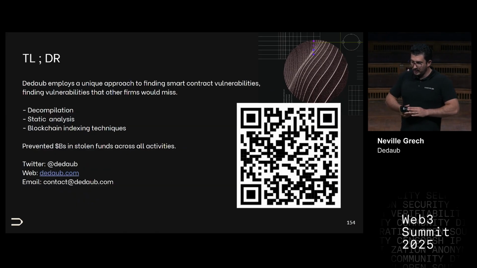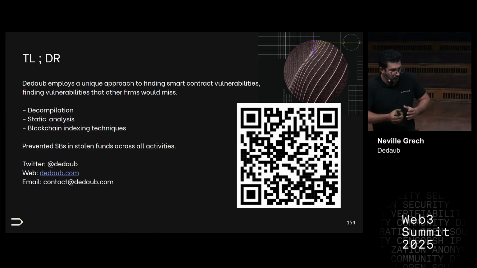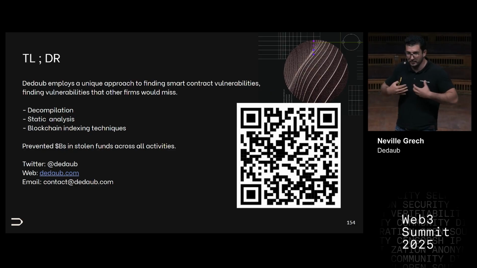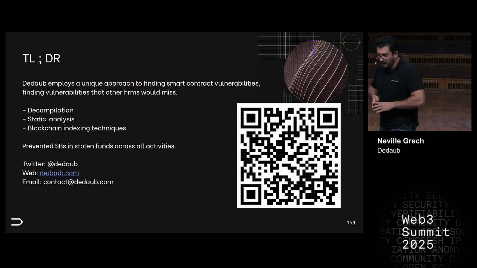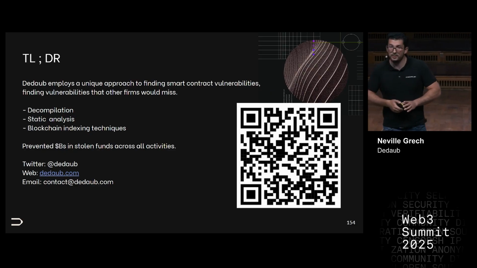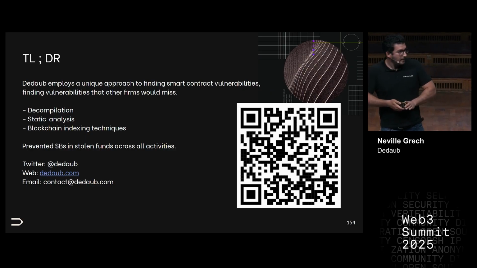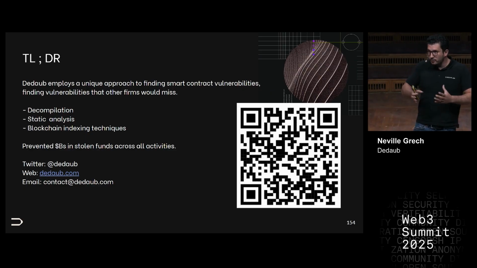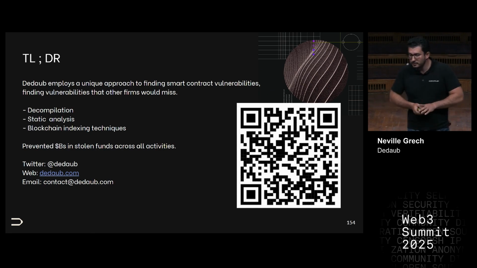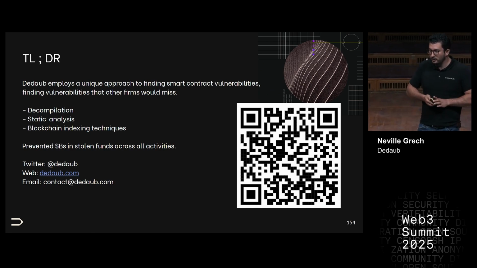Okay, so in conclusion, Dedaub, as our team, we find vulnerabilities using very unique approaches, using static program analysis. And because of that, we can find some vulnerabilities that other firms might not find, because we look at code from a very different angle, so to speak.